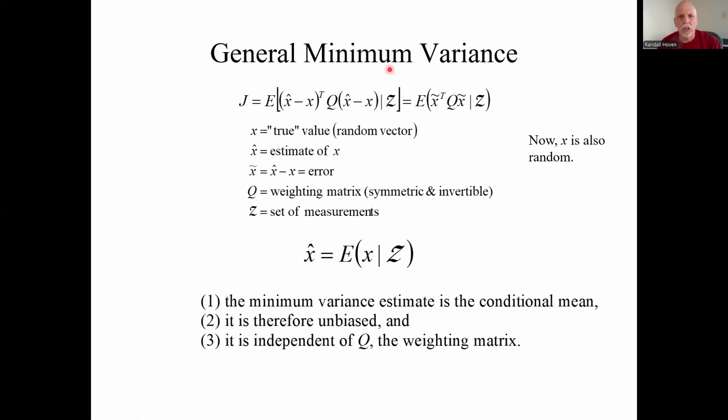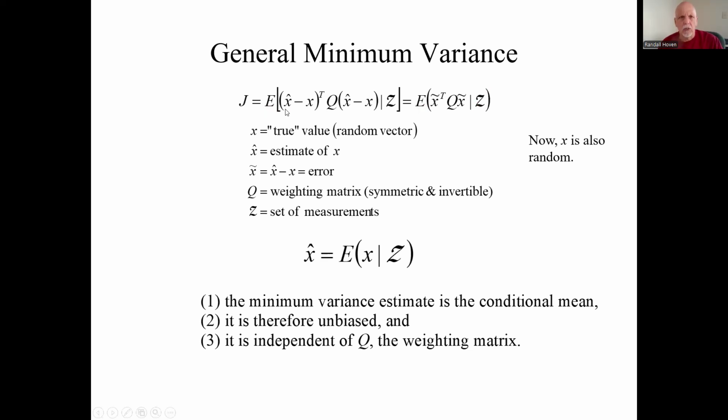And there's this thing called General Minimum Variance, which says, here's our cost function, which is this weighted sum of errors given a set of measurements. And our job is to minimize that.